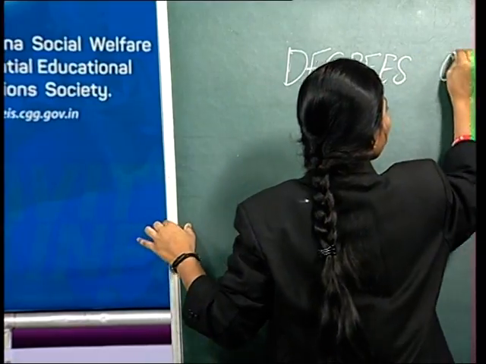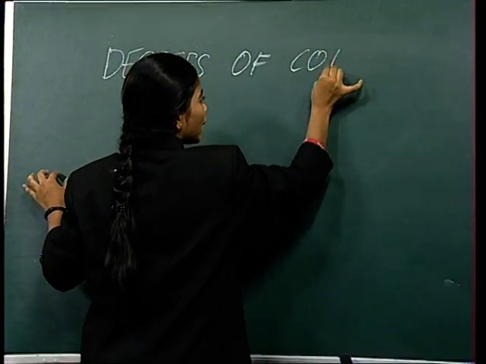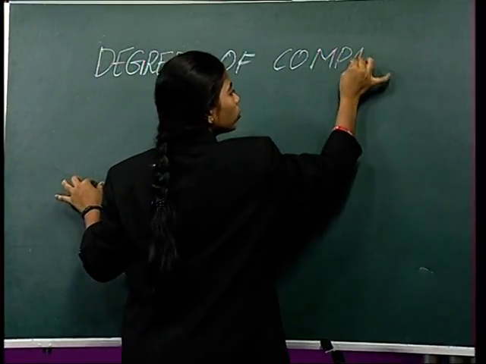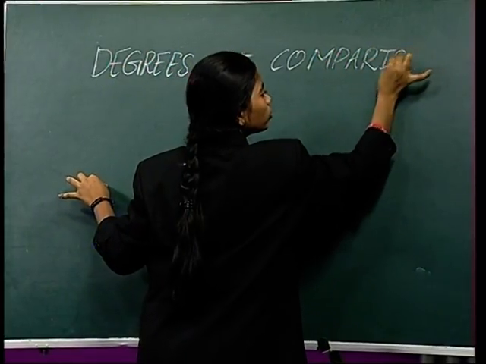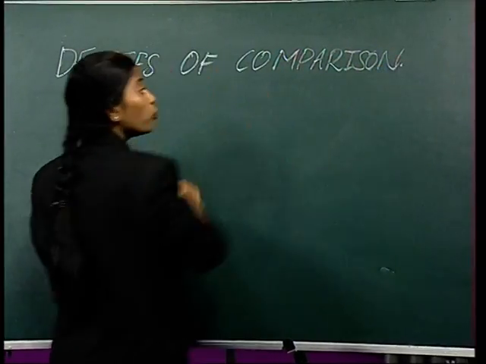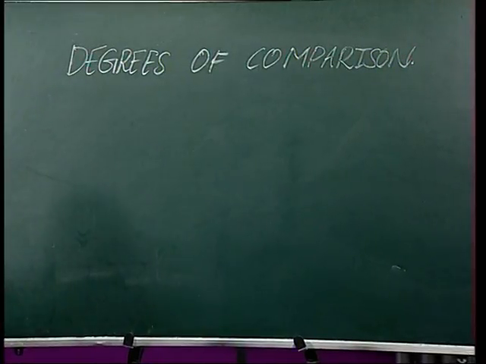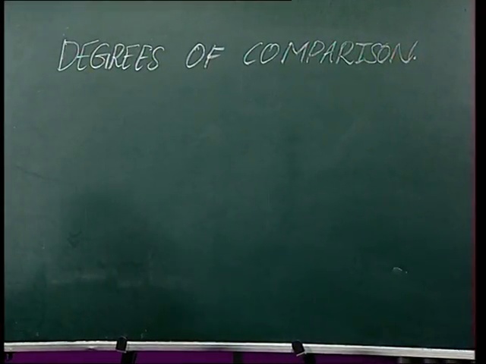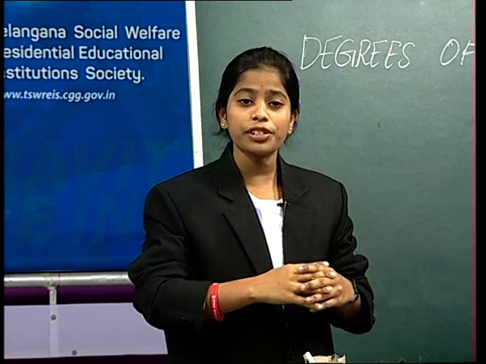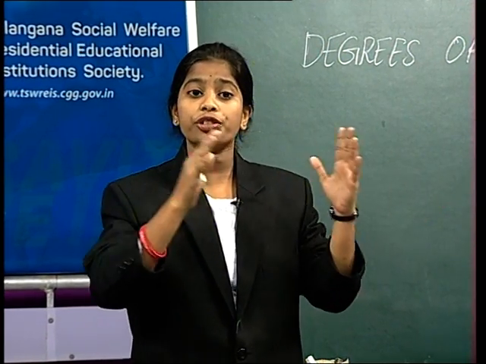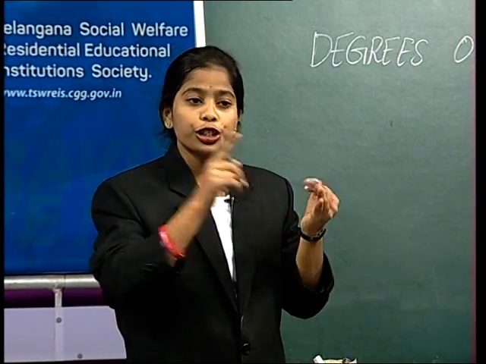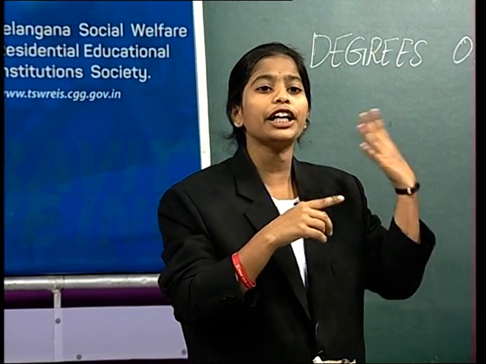What, friends? Degrees of comparison. What is degrees of comparison? Degrees of comparison refers to adjectives being written in different forms to compare one, two or more than 2 nouns.